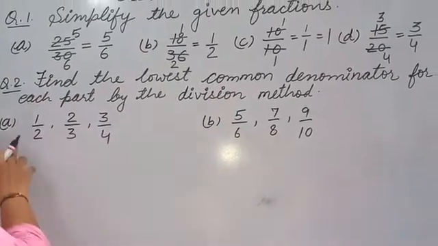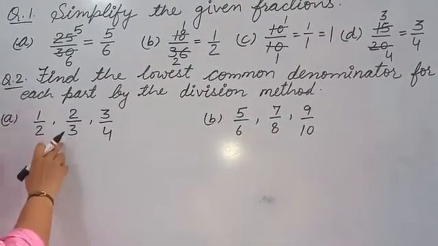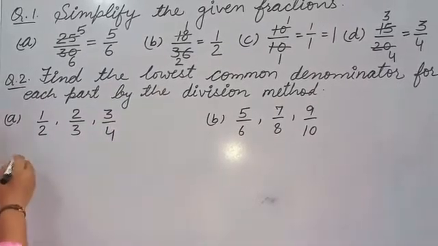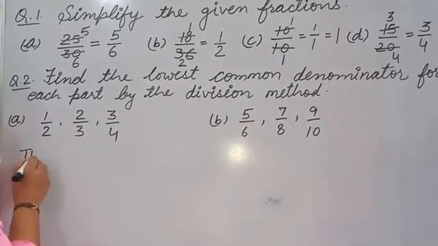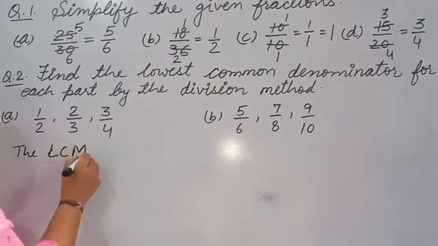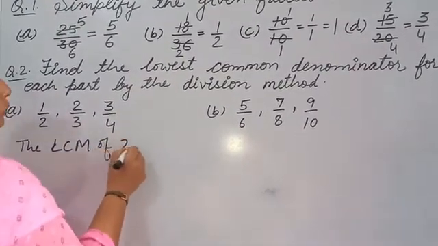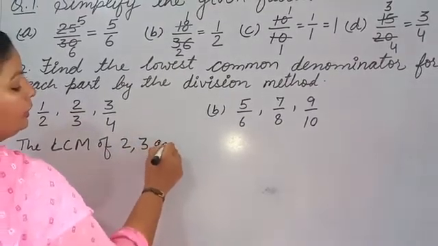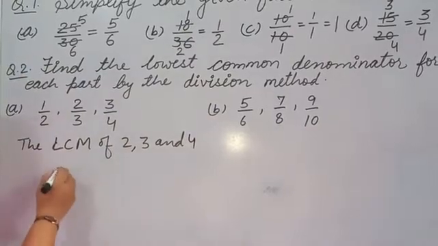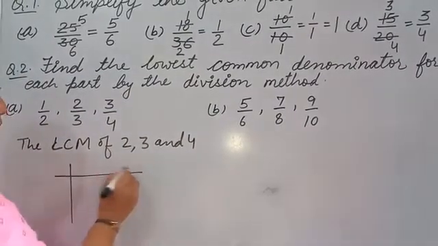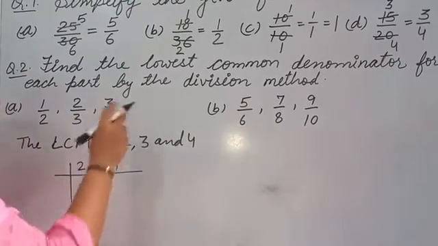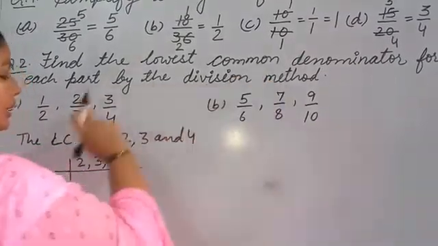Okay. So A part: 1 upon 2, 2 upon 3, 3 upon 4. So we should find the LCM of 2, 3 and 4. Okay, so we find here 2, 3, 4. This is the division method because it is saying that by division method.